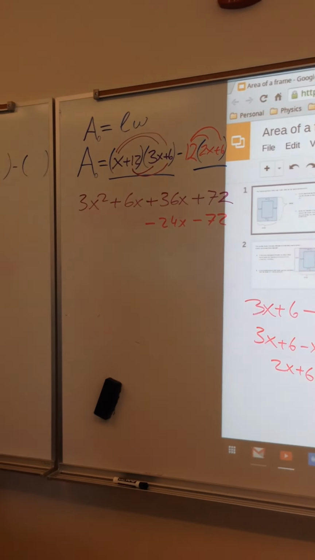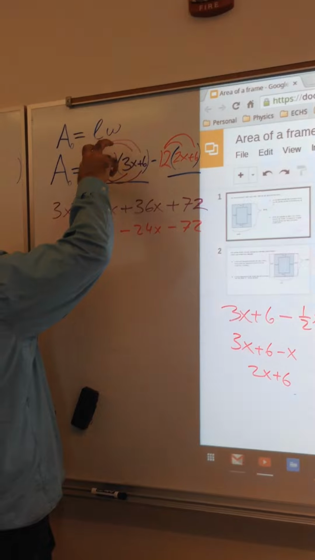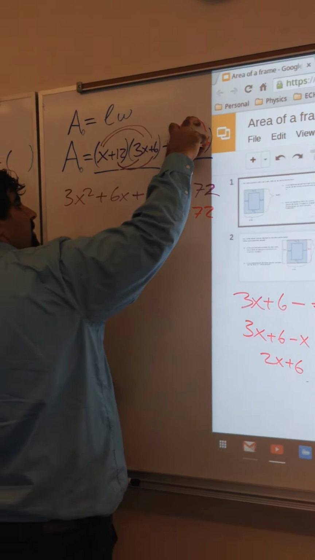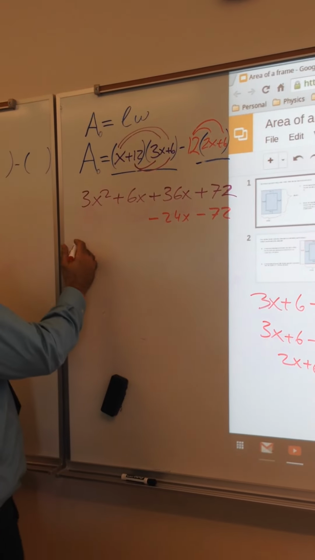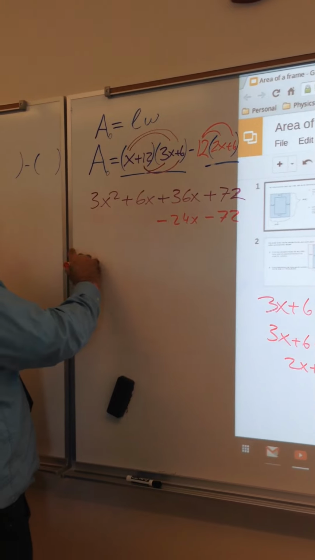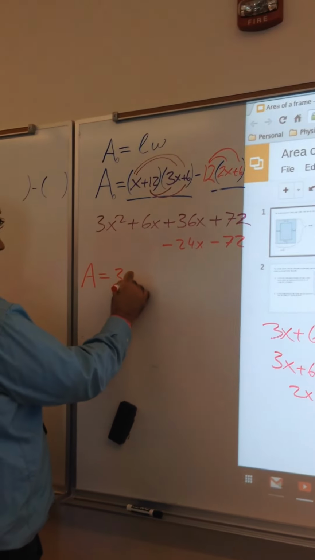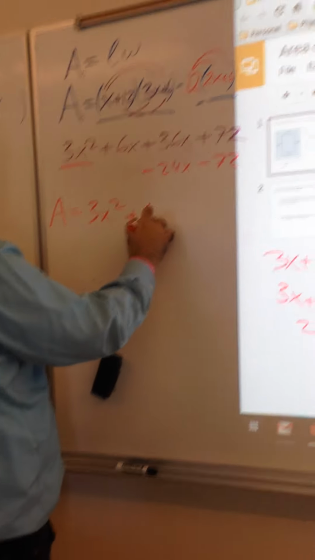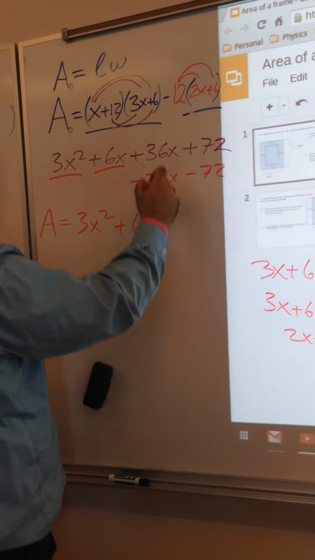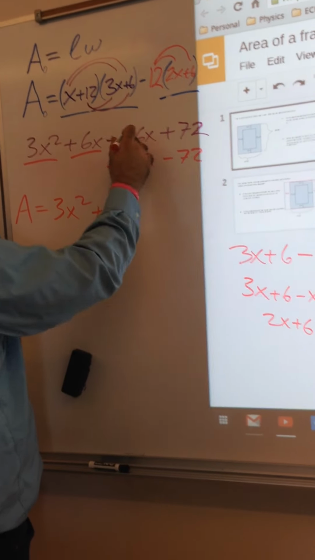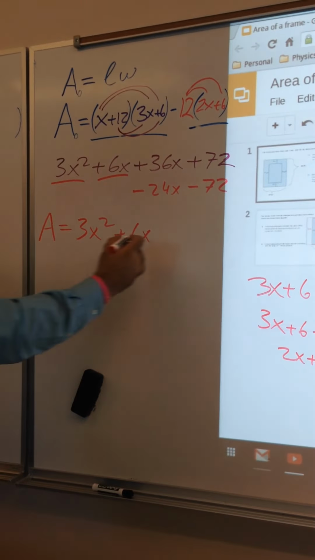So when you subtract the picture area from the entire area, you end up with just the frame. The area of the frame will equal 3x squared, plus 6x. When you combine the x terms, 6x plus 36x minus 24x, you end up with 12x.